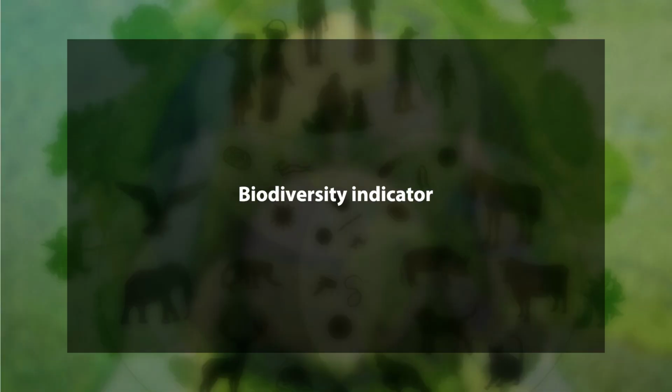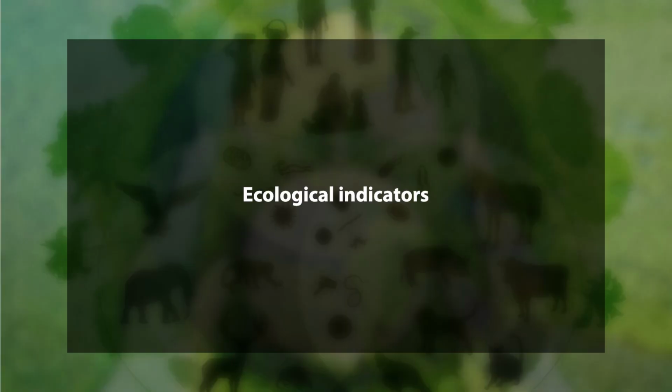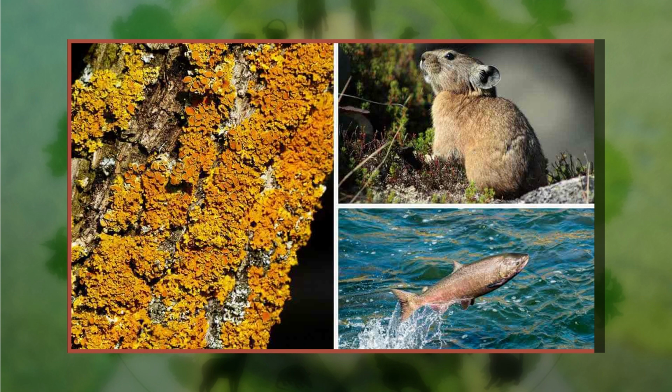Then biodiversity indicator: the species richness of an indicator taxon is used as an indicator for species richness of a community. Some other parameters which are measurable are endemism, species richness, genetic parameters, landscape parameters and population specific parameters. Then we have ecological indicators. Ecological bioindicator species are sensitive to pollution, fragmentation of habitat and other ecological stresses.